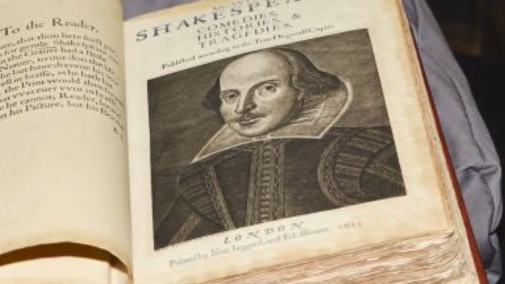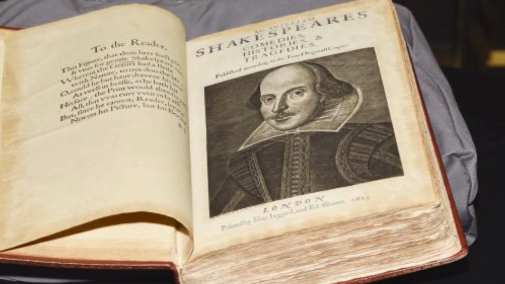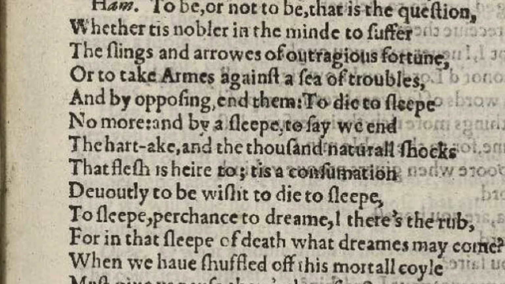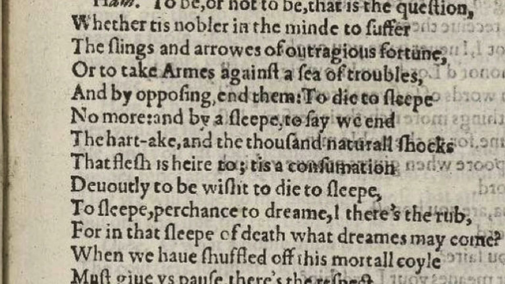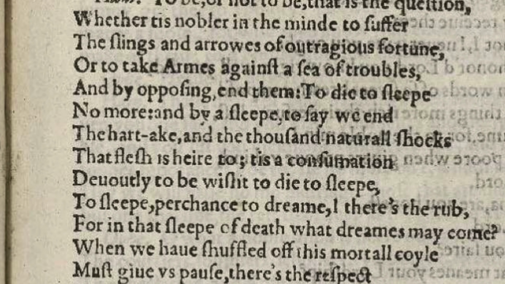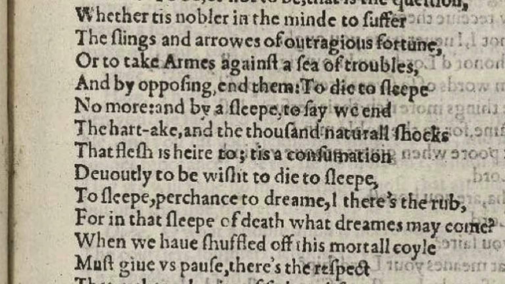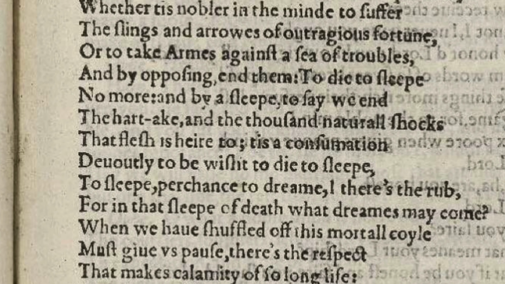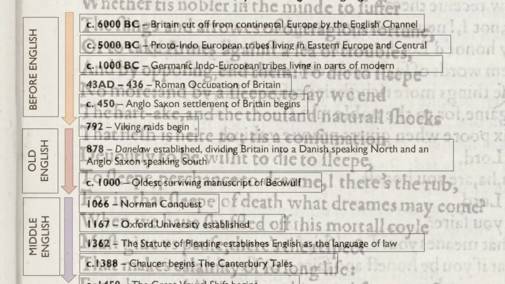And then on into Early Modern English, the language of Shakespeare. To be or not to be, that is the question. Whether 'tis nobler in the mind to suffer the slings and arrows of outrageous fortune, or to take arms against a sea of troubles, and by opposing, end them.